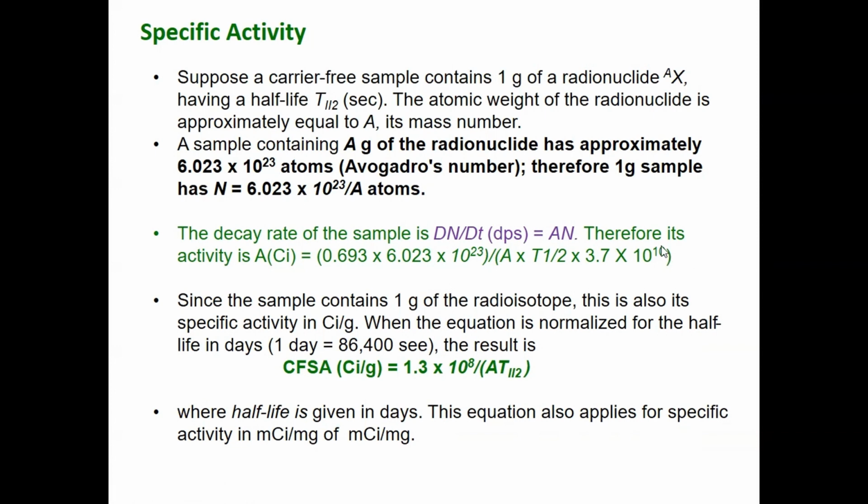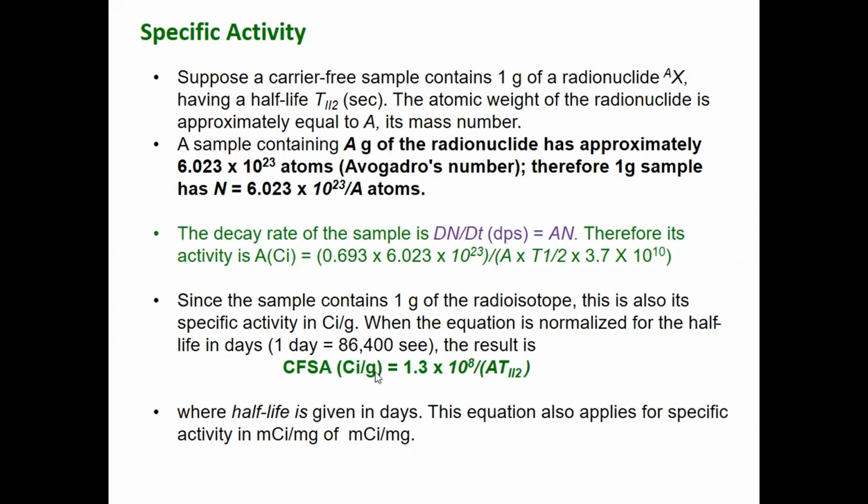So the decay rate of the sample, dN over dt, which is the disintegrations per second, equals the activity, lambda times N. We can therefore find the activity A in curies, and the expression, when simplified, gives the specific activity for carrier-free samples, the activity per gram.